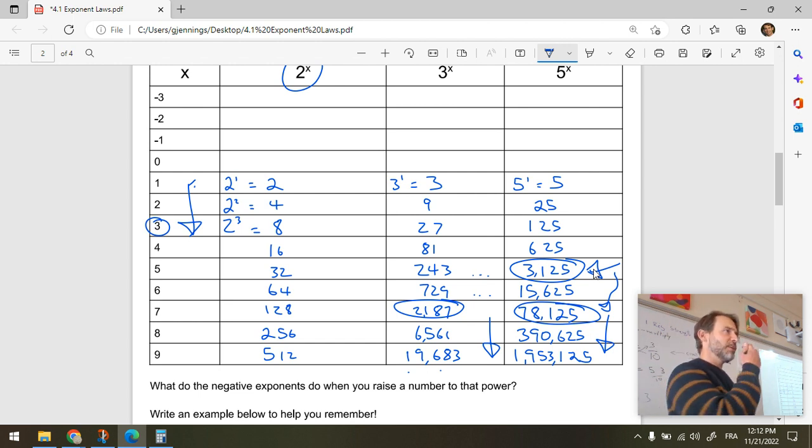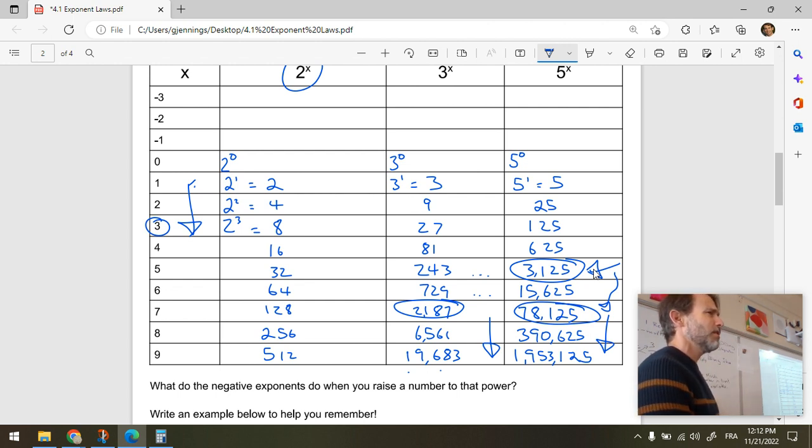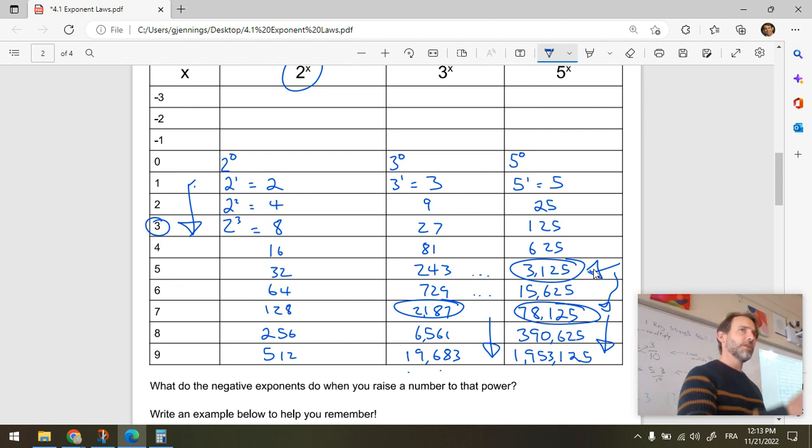But notice I included powers to the 0. So 2 to the 0, 3 to the 0, and 5 to the 0. Anyone know how to calculate those without a calculator? Or know the rule there for to the 0? Dominique? They're not 0.